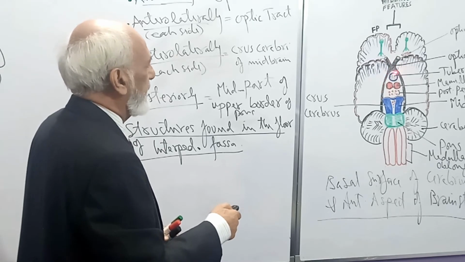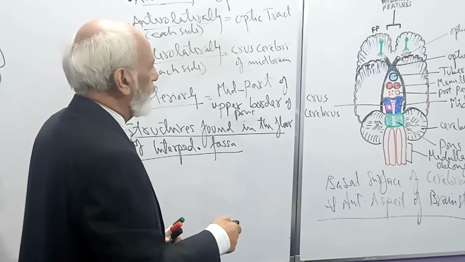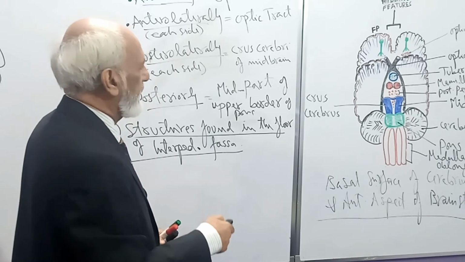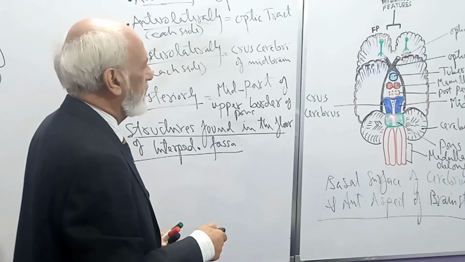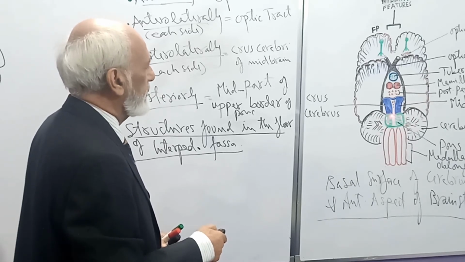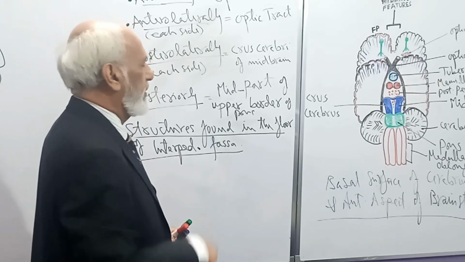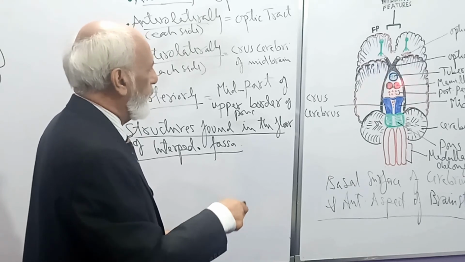Anterolateral boundary on each side is the optic tract. Posterolateral boundary on each side is the crus cerebri of the midbrain. And the lower boundary is the mid part of the upper border of the pons. This whole is the pons. Now this is the upper border of the pons. These are the boundaries.